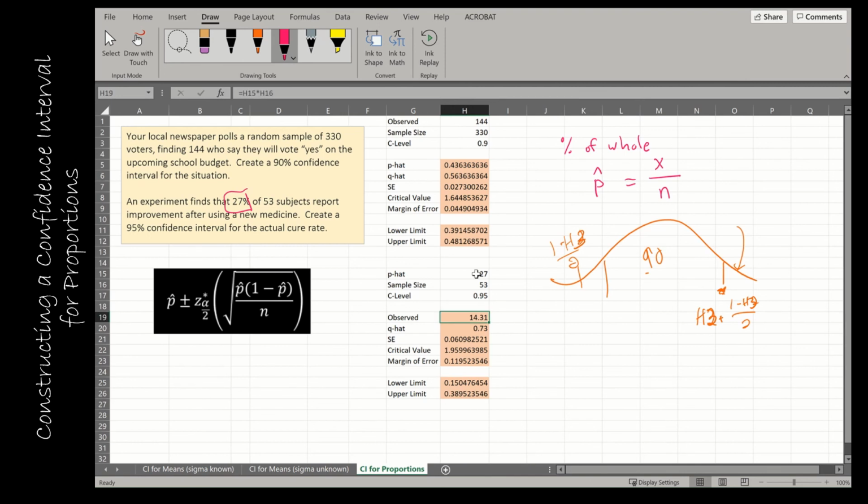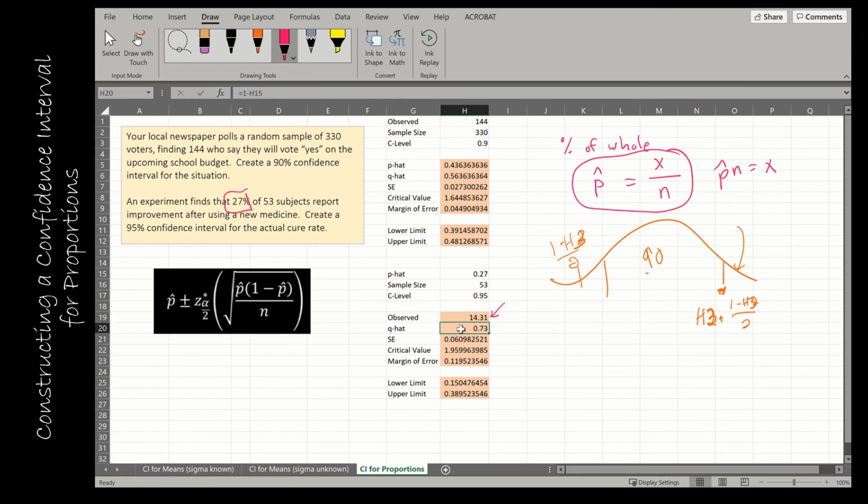The observed value, this one I actually had to compute: H15 times H16. So again, I'm basically using this formula and saying if I know p hat and I know n, then p hat times n would give me x. That's all I did here.